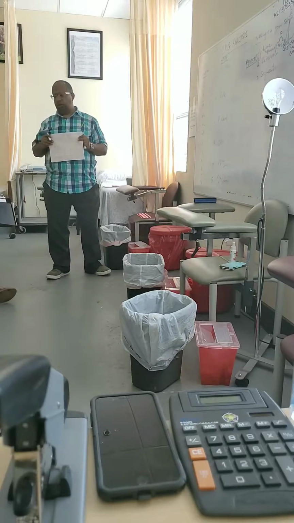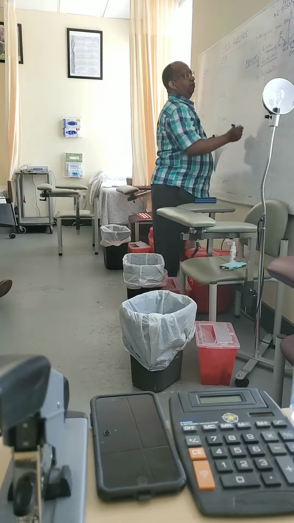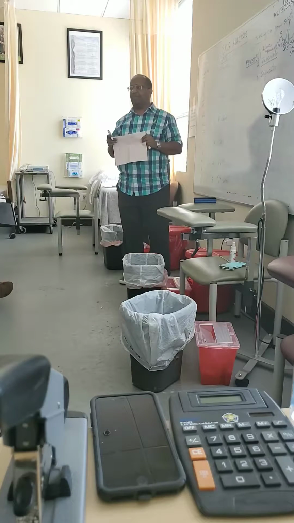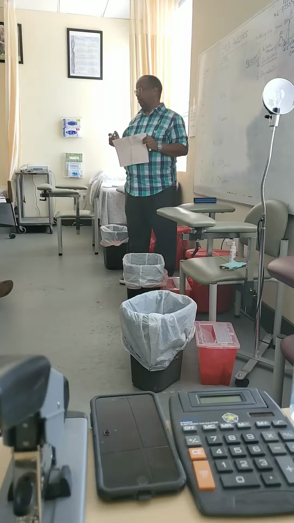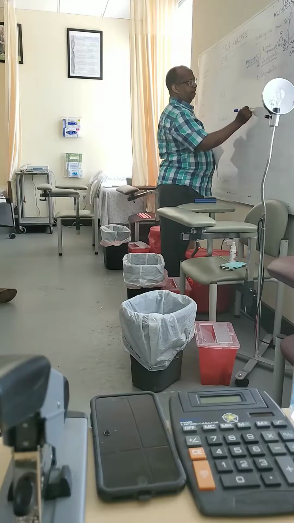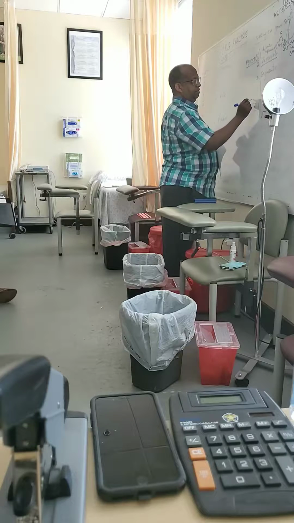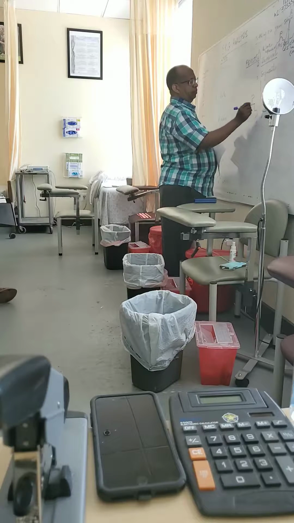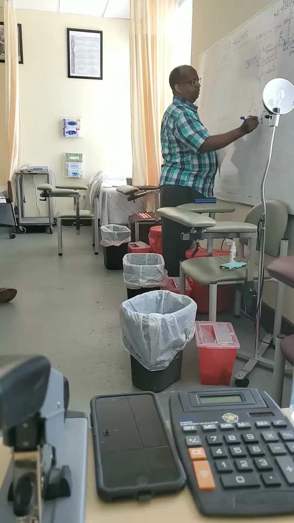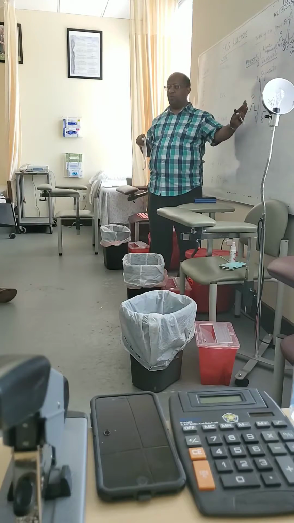Okay, intervals. Let's go to the intervals. What do you mean by intervals? Intervals are like sections of the line. Now let's take this one: this is P, this is Q, R, S, T. These are the waves.